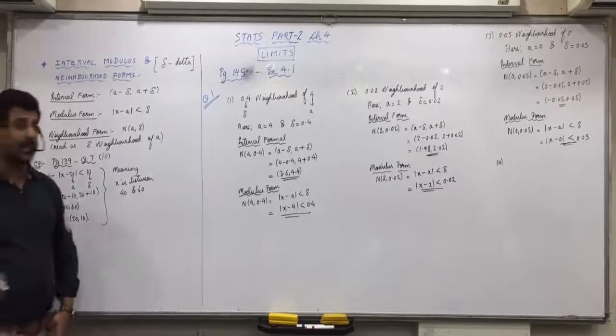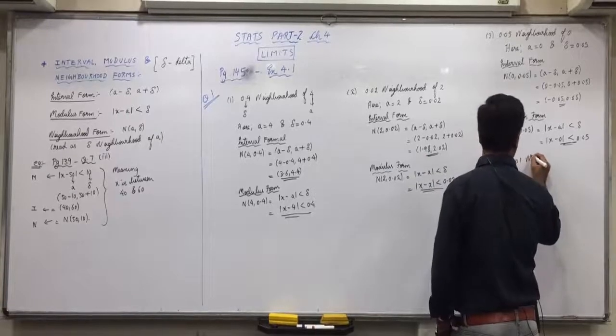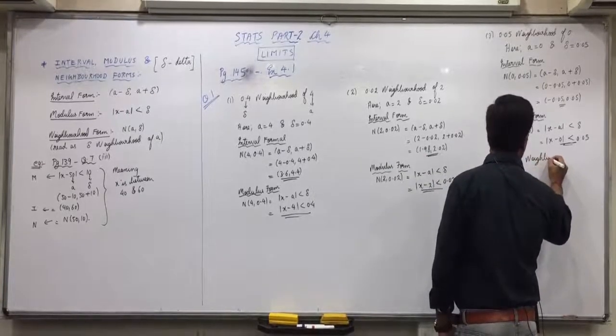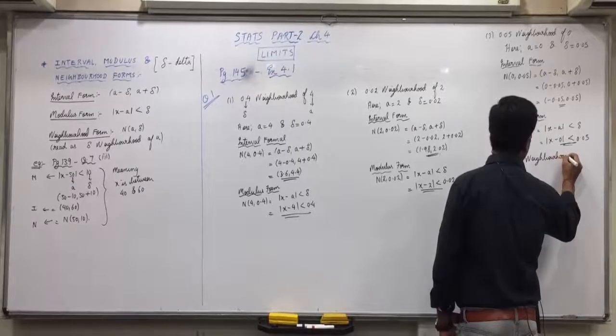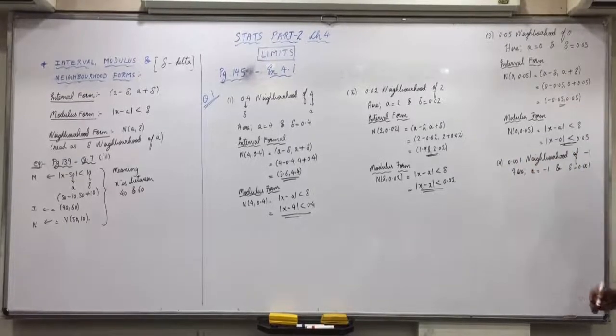0.001 neighborhood of minus 1. A is minus 1, delta is 0.001.